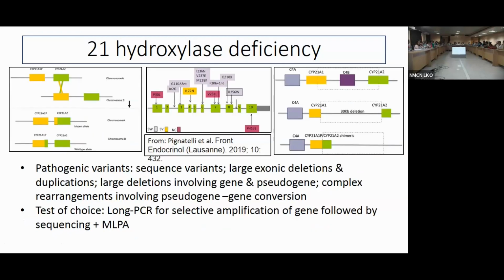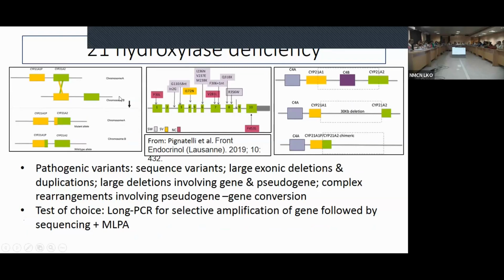So coming back to why we are doing targeted sequencing and MLPA. The genetics of CYP21A2 is very complex. It has a pseudogene, okay? And some of these variants, which we find as pathogenic variants in the gene, are actually present also in the pseudogene.